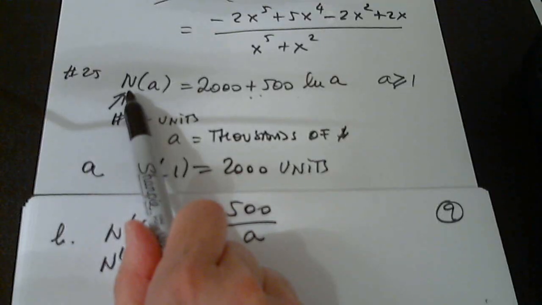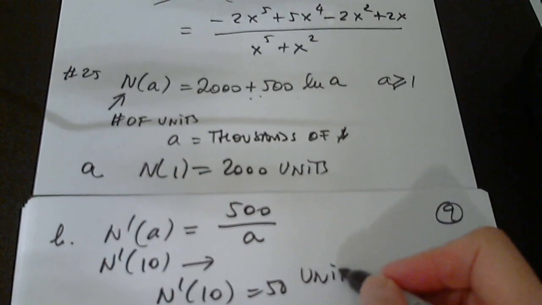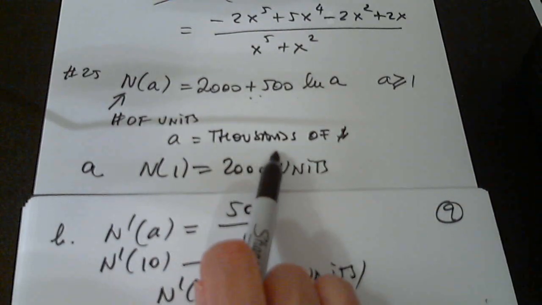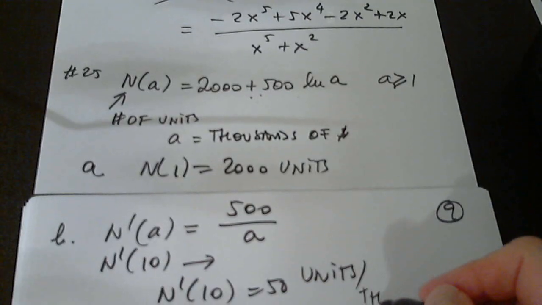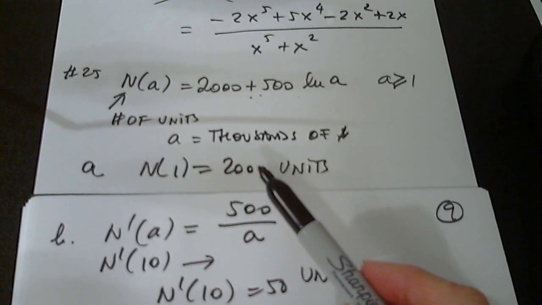The measurement unit is the measurement unit of the y variable, which is units, over the measurement unit of the independent variable, thousands of dollars. Okay? What do they represent?